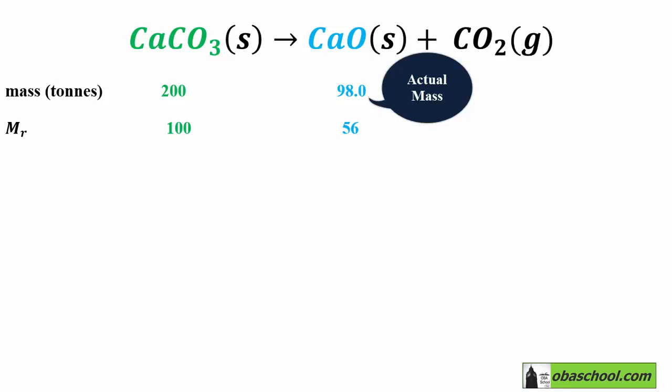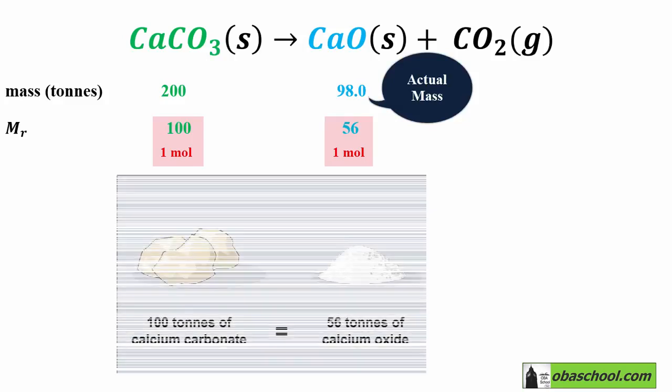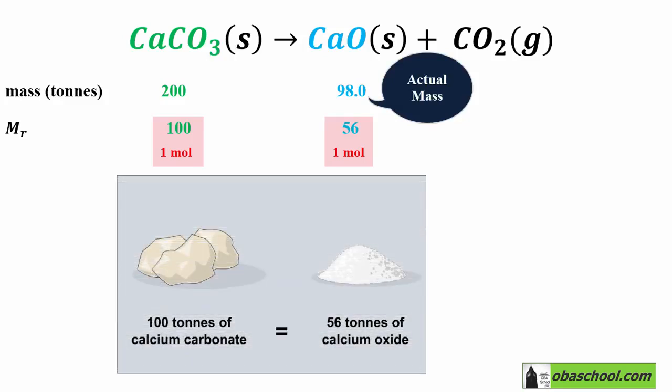In other words, 1 mole of calcium carbonate has a weight of 100 and 1 mole of calcium oxide has a weight of 56. And because the stoichiometric ratio is 1:1, this means that if we start with 100 tons of calcium carbonate, we must produce 56 tons of calcium oxide.